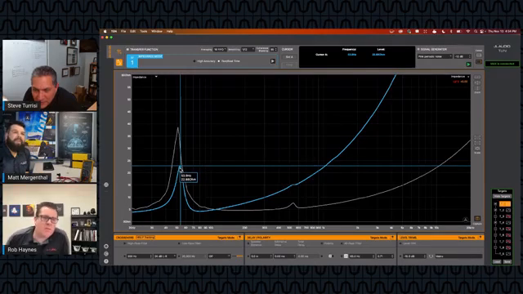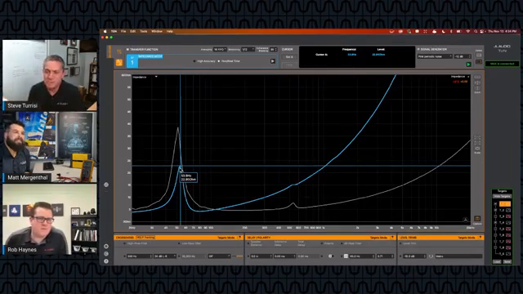Maybe like an 8-inch subwoofer. So I'm thinking like a 6-inch subwoofer with a pretty gnarly coil on it, something that's got quite a bit of inductance on it. That's what I'm thinking.